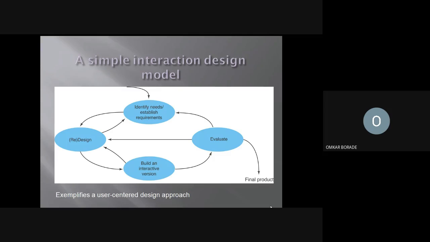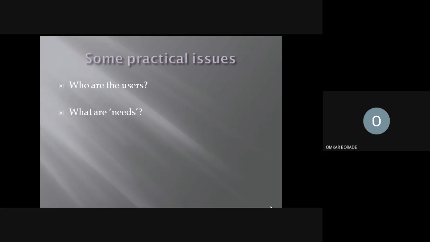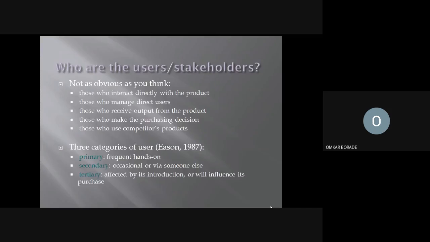Some practical issues. Who are the users? What are the needs? Who are the users or stakeholders? Not as obvious as you think. Those who interact directly with the product, those who manage direct users, those who receive output from the product, those who make the purchasing decision, those who use competitors' products.